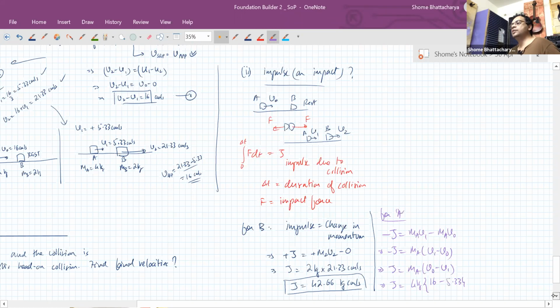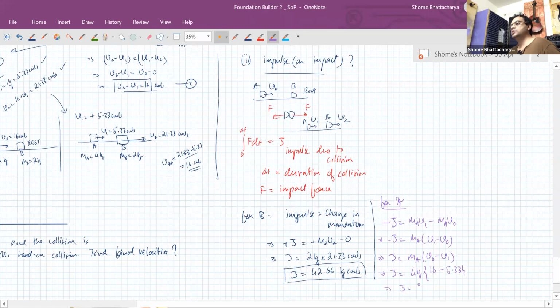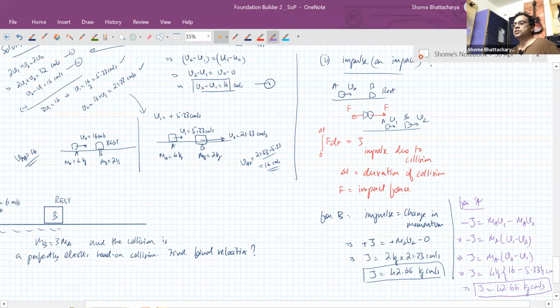When you calculate this, you get the same magnitude of impulse, 42.66 kilogram centimeter per second. So that justifies momentum conservation, because the impulse acting on B is positive of this much, and the impulse acting on A is negative of this much. So the net external impulse is zero, and no wonder the momentum is conserved.